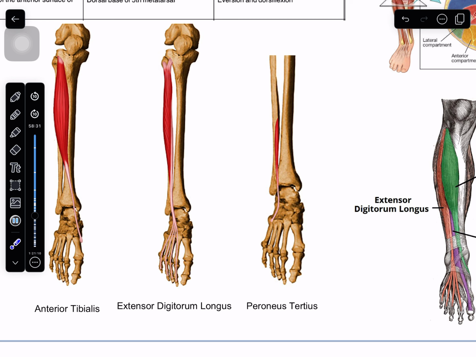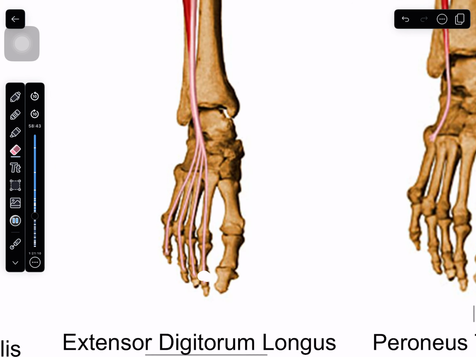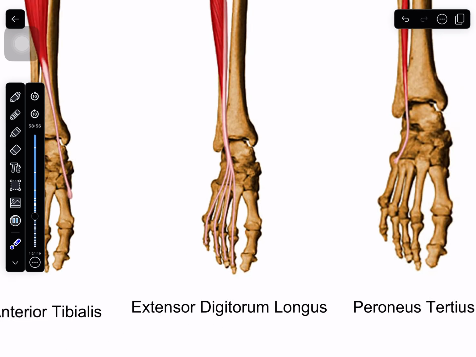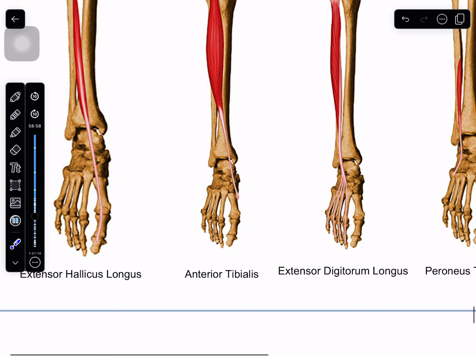And so that is going to then run down, and it's going to divide into 4 different tendons that go into, again, the dorsal aspect of the distal phalanx of the toes. That's going to be 2 through 5, right? Extensor hallucis longus is going to be for digit 1, the big toe, and the extensor digitorum longus is going to be for digits 2 through 5 at the distal phalanx.